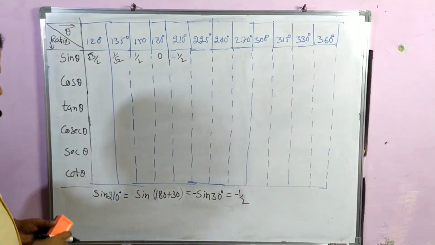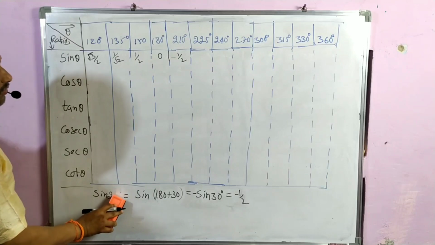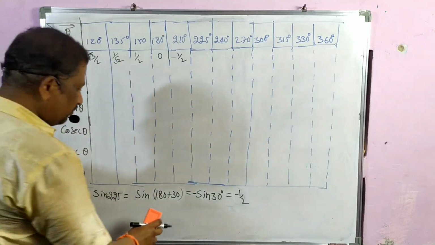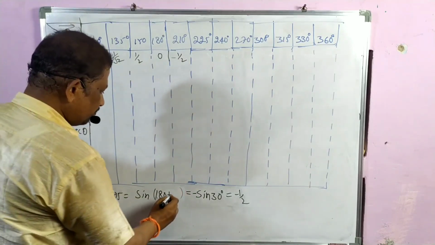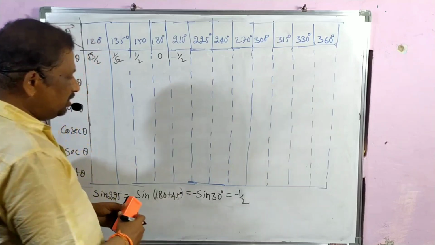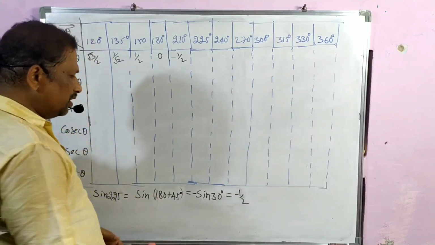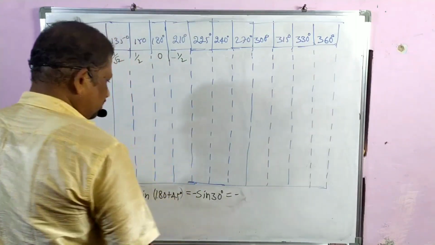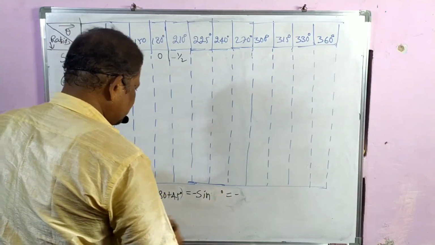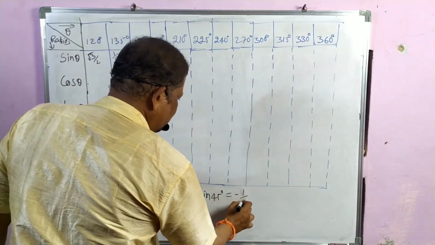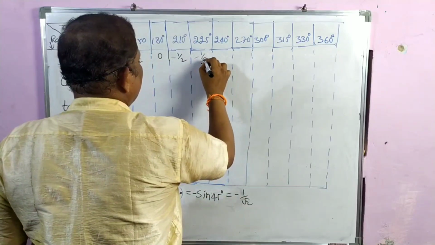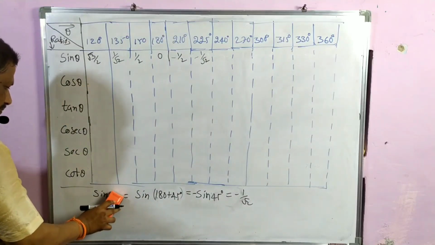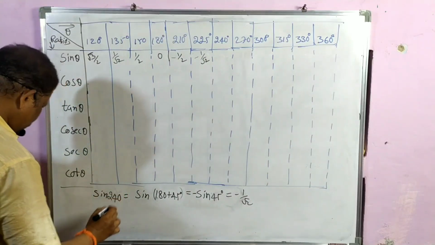Okay. Next, sin 225. Sin 225 means 180 plus 45 degrees. The ratio does not change. This also falls in the third quadrant, where sin is not there, so a negative value comes. What is sin 45 degrees? 1 by root 2, so minus 1 by root 2. Next step, 240.